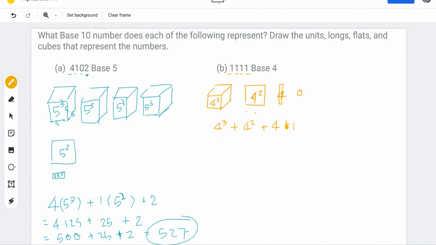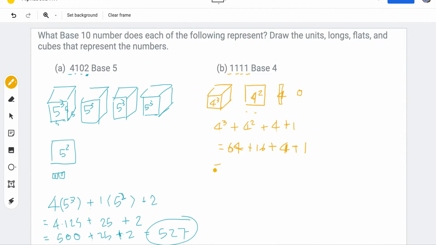So when you add all of these together, what is 4 cubed? Is it 64? Sorry about that, guys. So 64 plus 16 plus 4 plus 1.